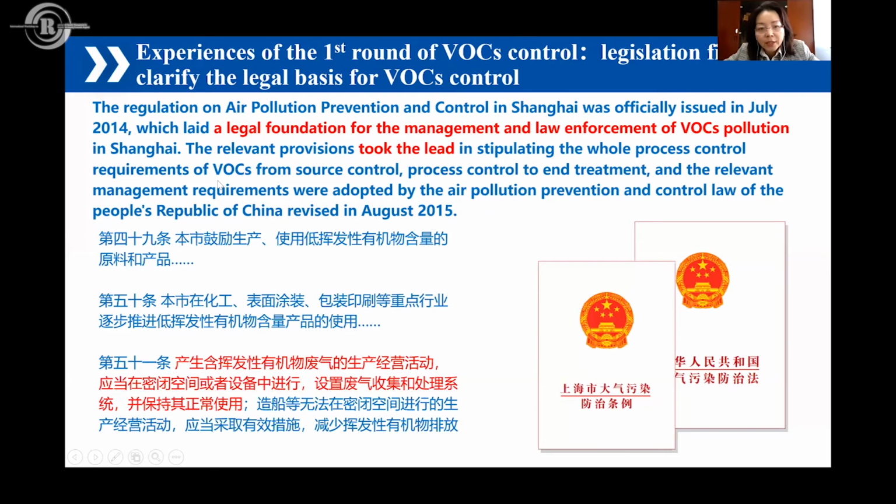During the first round of VOC control, one experience that we think is quite important is to set up legislation, which provides the legal basis for VOC control.